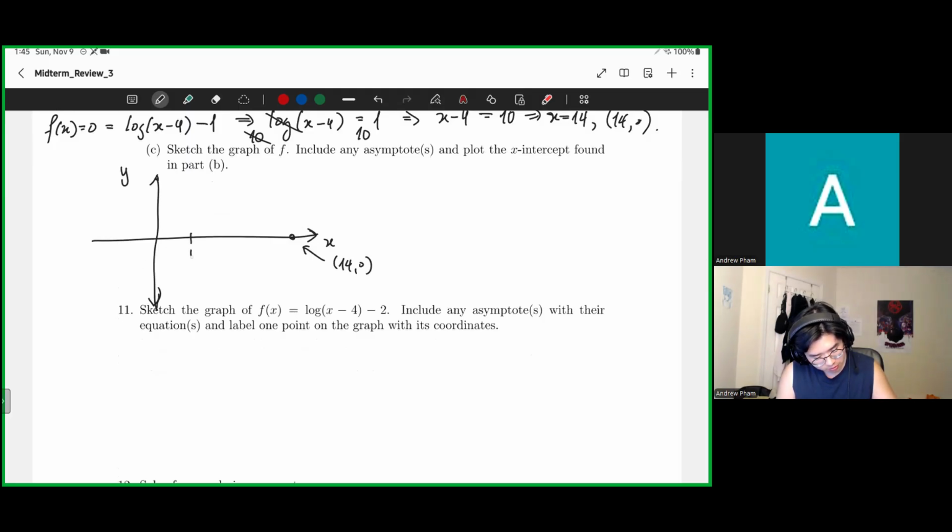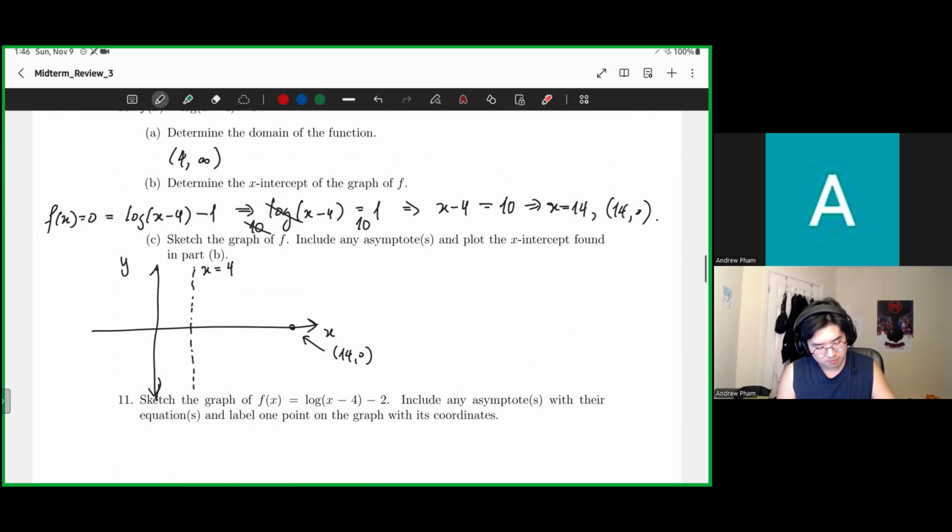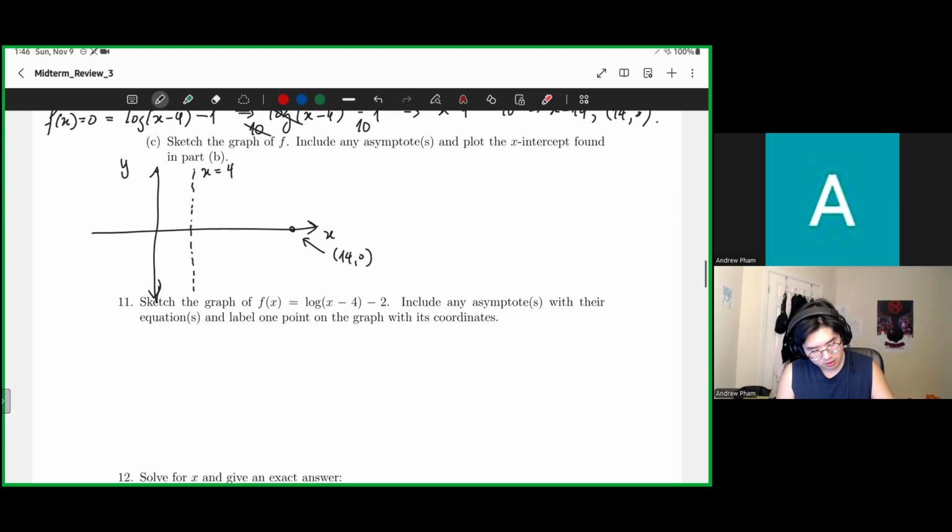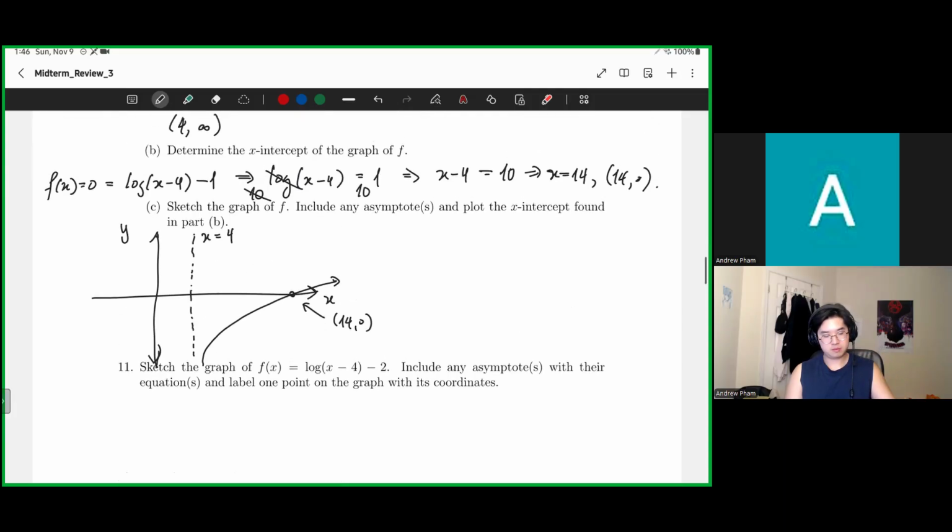You label your vertical asymptote with a dashed line and the equation at x equals 4. All right. And then your graph has to intersect this at some point. So you can have a graph that looks like that. That is sufficient. Okay.